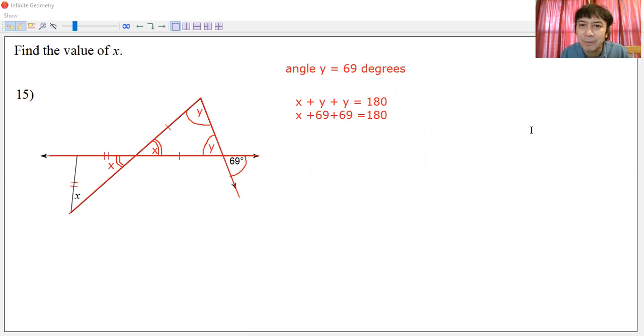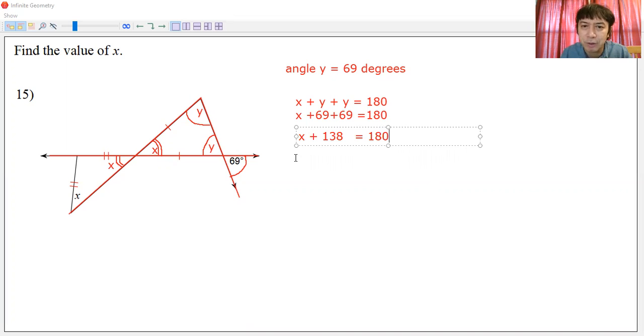And this looks like 138 plus x must be equal to 180. 69 plus 69 is 138.